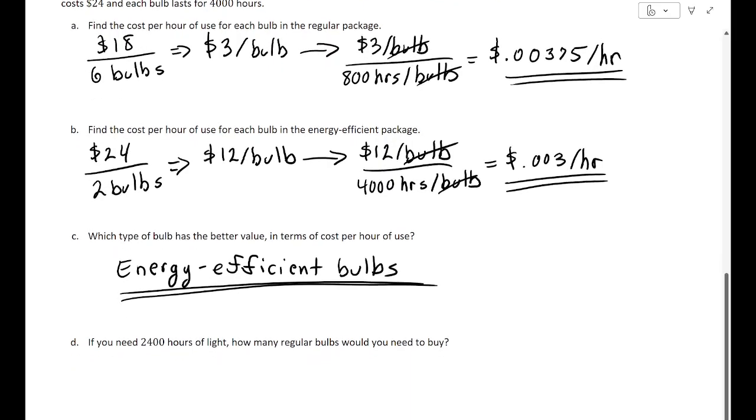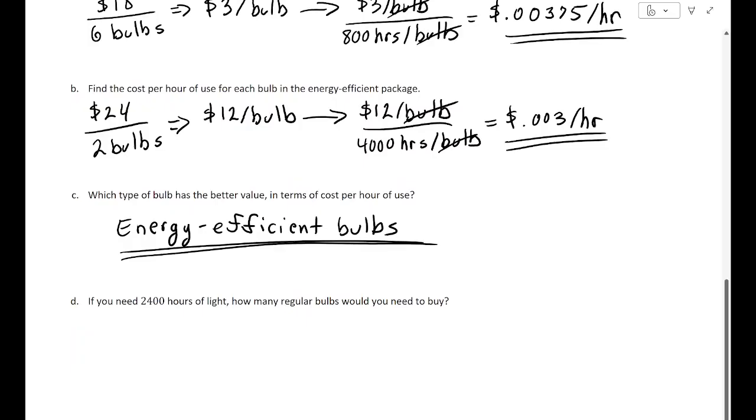So let's answer a question about it. If you need 2,400 hours of light, how many regular bulbs would you need to buy? Well, 2,400 hours of light is what I need. And I'm going with the regular bulbs, which is 800 hours per bulb, just like what I have back up here.